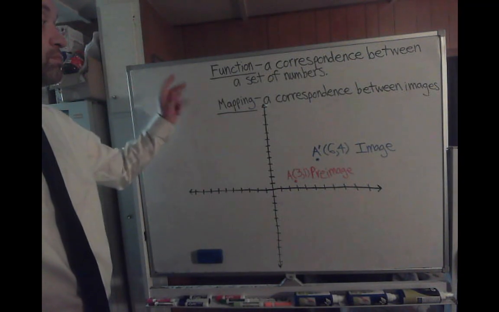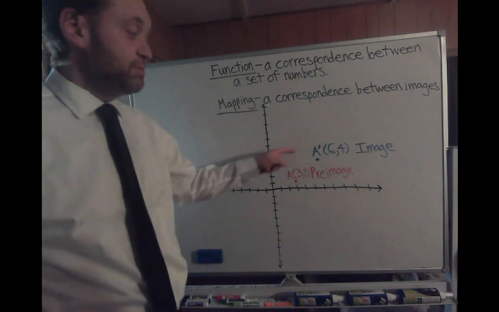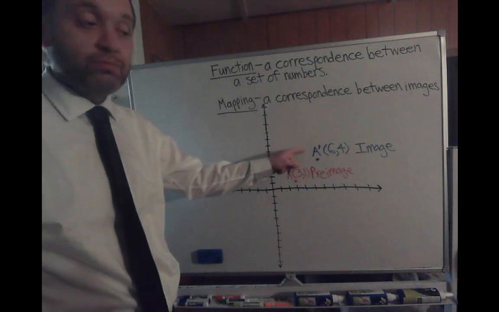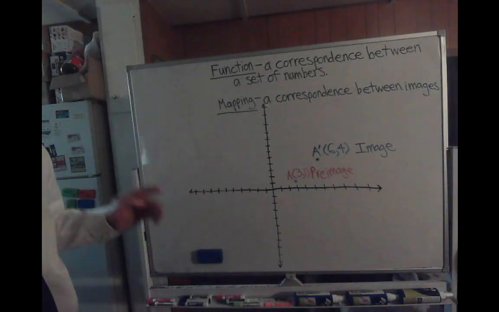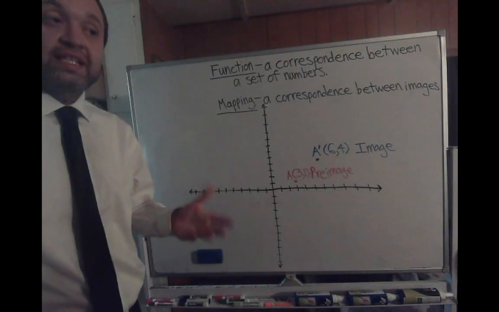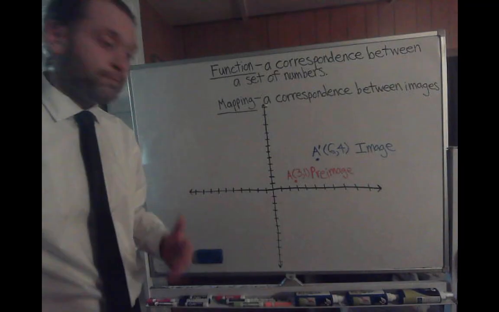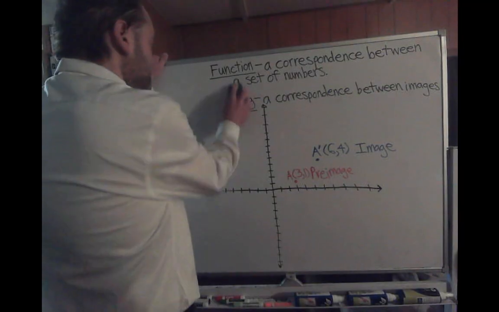And then mapping is similar in the fact that it's a correspondence between images. So A corresponds to A prime. This is a mapping. And actually we use function notation for mapping, so that's how similar they are. We will use function notation for them. So let's get into some other definitions here.